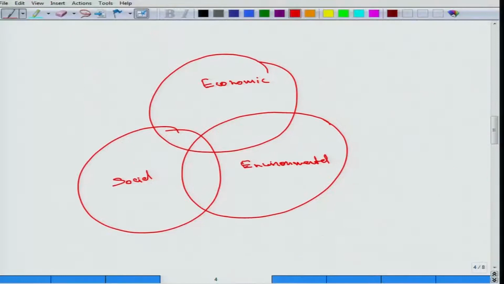Now, when I have these three circles here, I would like to put some more detail. This player is bothered about creating value and obtaining returns.